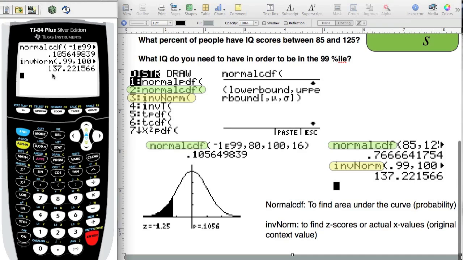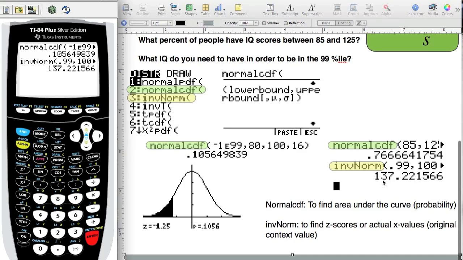If they only give you a whole number value, then I have to round that all the way up to 138, because if I were just at 137, then I would be slightly below the 99th percentile. So if we just want to be specific, 137.22 would be my actual IQ score.